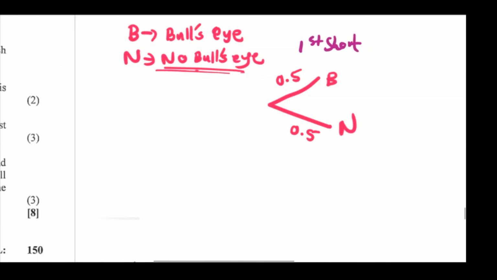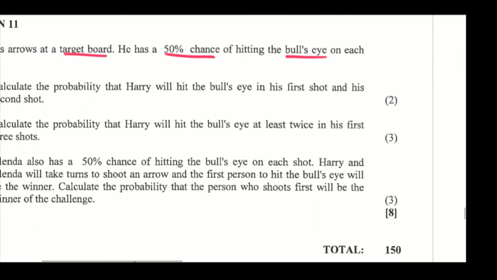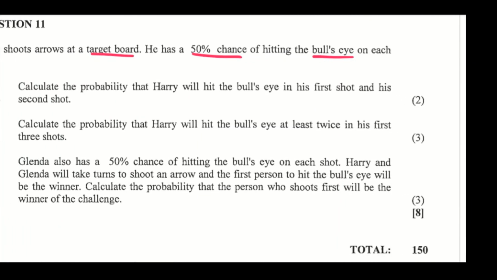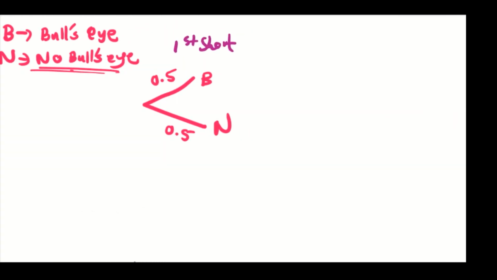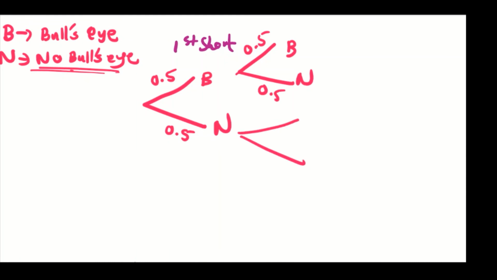Then for the second shot, where we have the bull's eye and no bull's eye, it's still a 50% chance of hitting, and we also have the bull's eye and no bull's eye here, so 0.5 here, right?